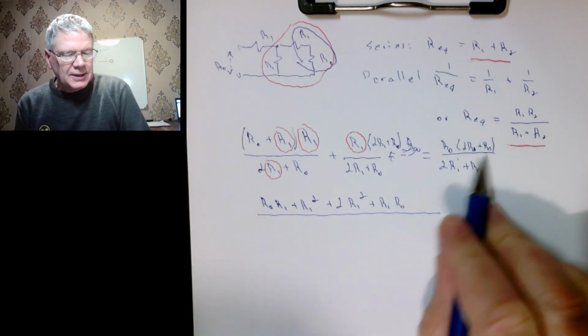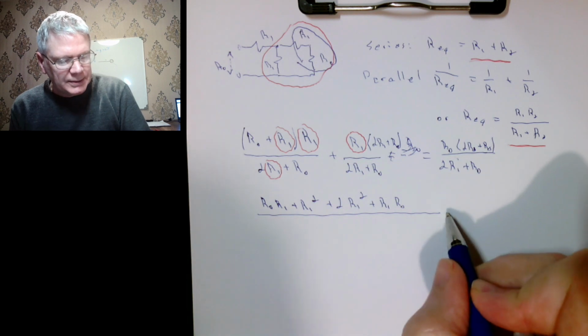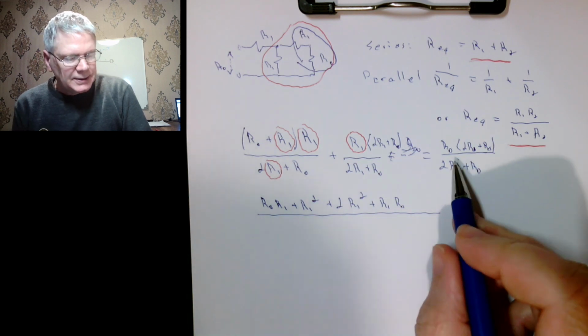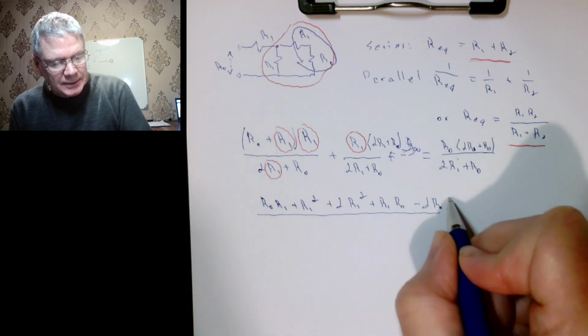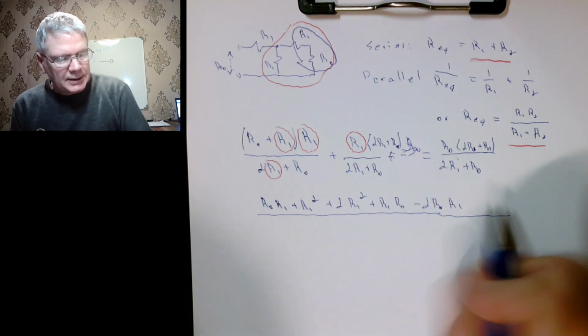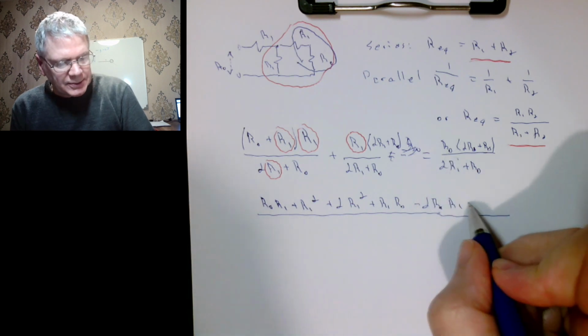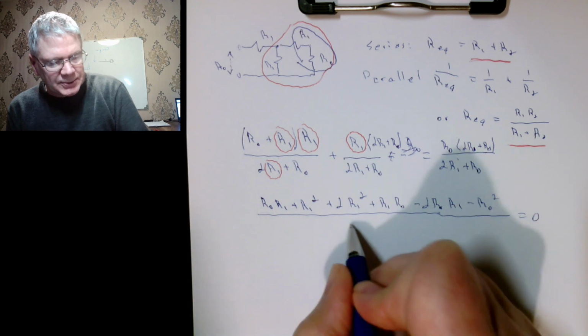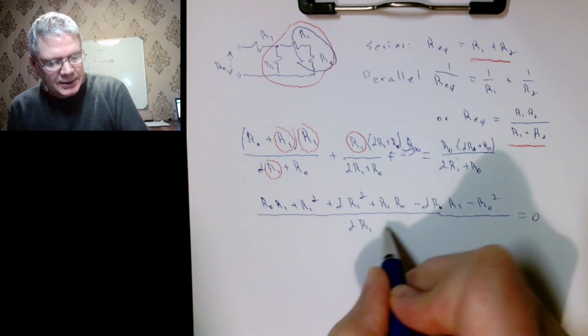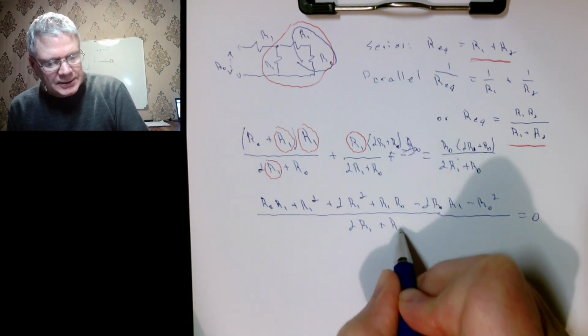And then I'm going to subtract what I have on this side. So I'm going to subtract 2R1 R0, and I'm going to subtract an R0 squared. And this has got to equal 0. And this was all over 2R1 plus R0.